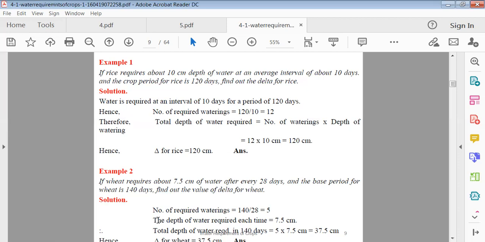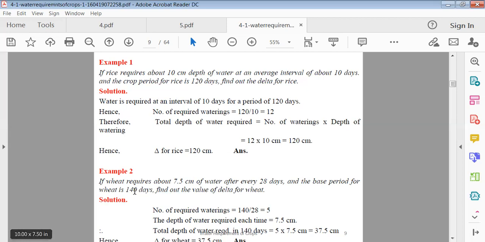First, let us check the number of required waterings. 7.5 centimeter of water should be applied on the crops for every 28 days. In the first 28 days we supply 7.5 centimeter of water. Then after 28 days, again 7.5 centimeters of water is supplied. This is done for the complete base period of 140 days.